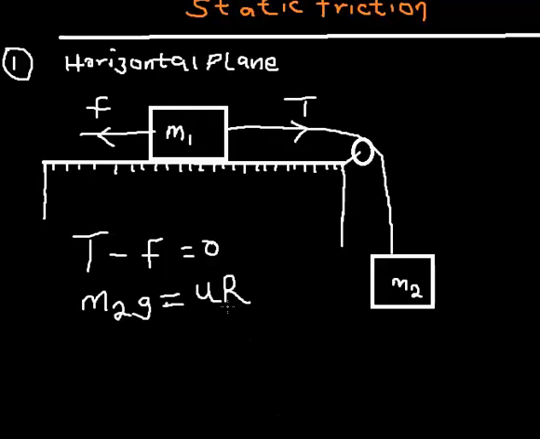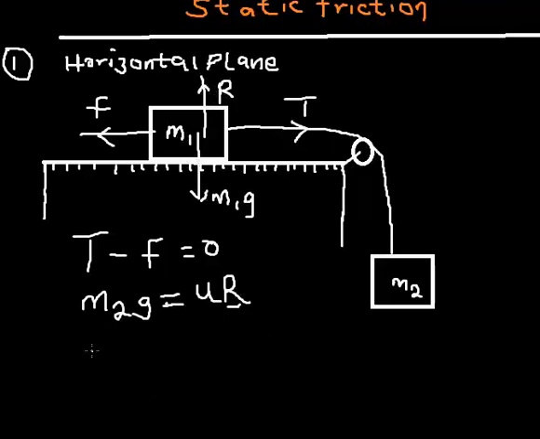Weight acts downward, and weight is M1g, while the normal reaction acts upward, and they are equal and opposite. So the normal reaction of this surface is equal to the weight of the body placed on it.